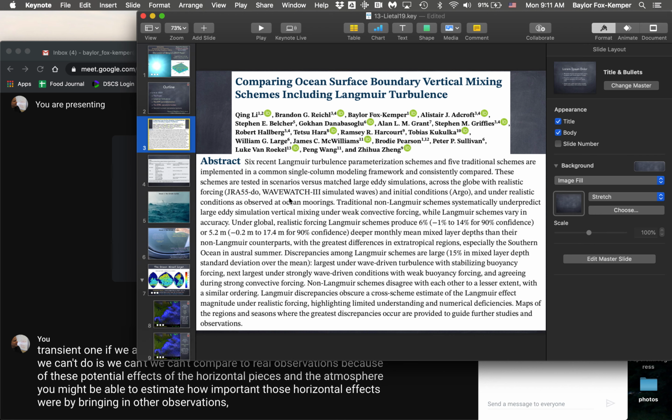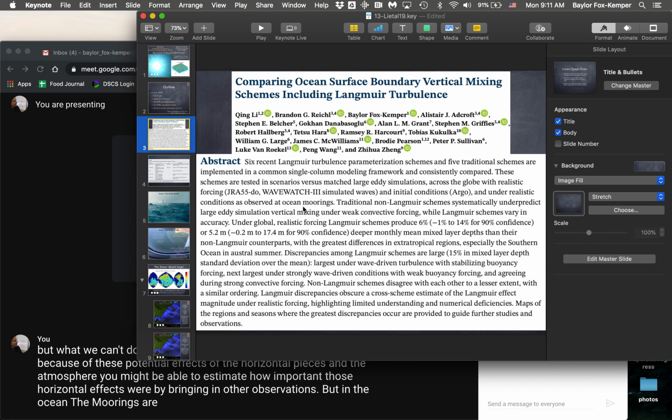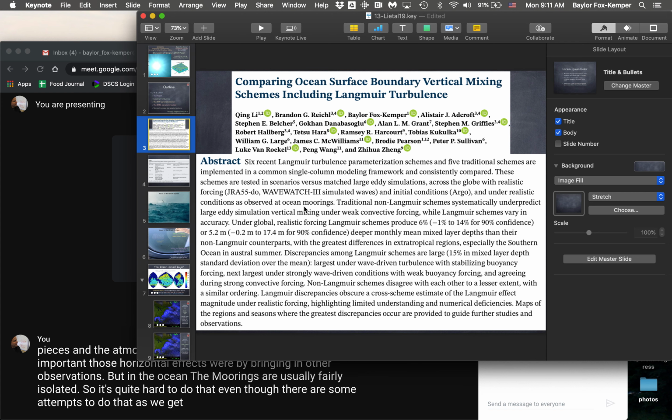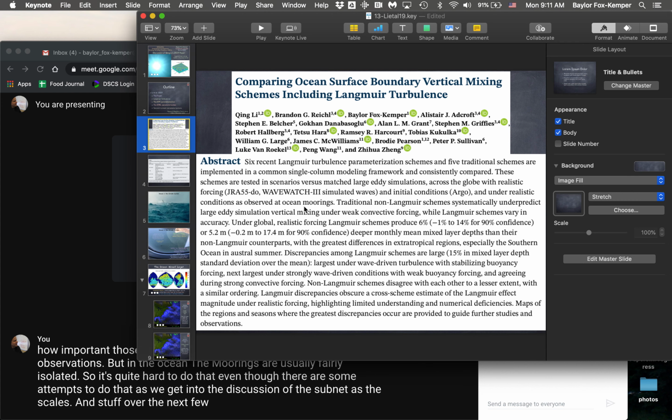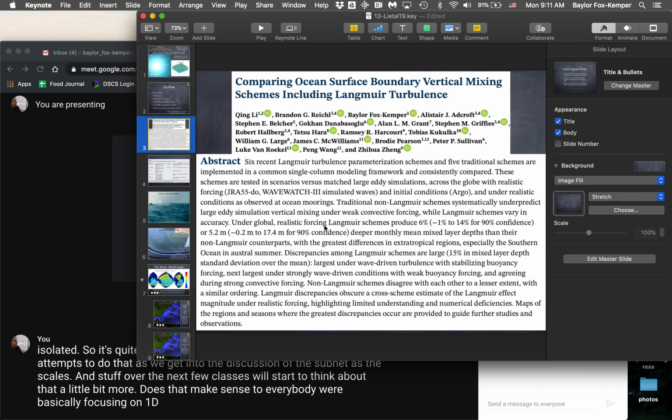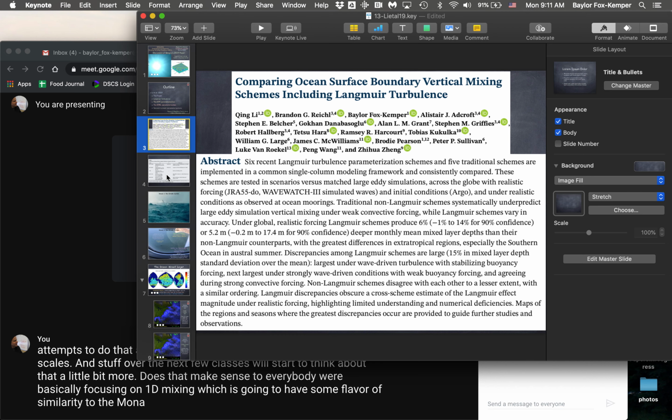But in the ocean, the moorings are usually fairly isolated, so it's quite hard to do that, even though there are some attempts to do that. As we get into the discussion of the submesoscales over the next few classes, we'll start to think about that a little bit more. So, if that makes sense to everybody, we're basically focusing on 1D mixing, which is going to have some flavor of similarity to the Monin-Obukhov discussions from Wingard.